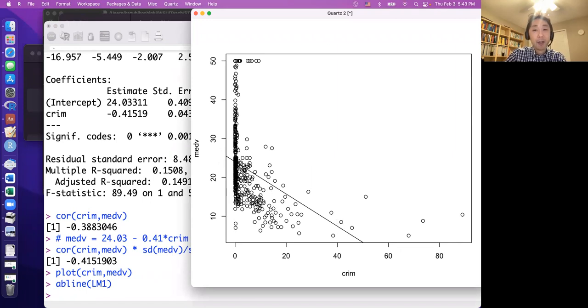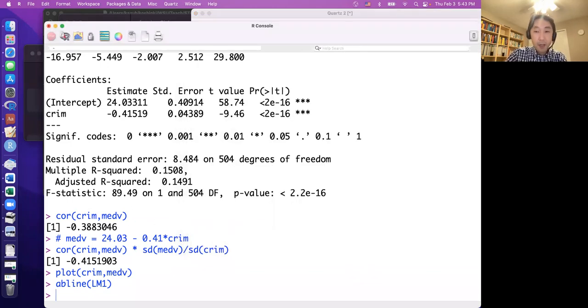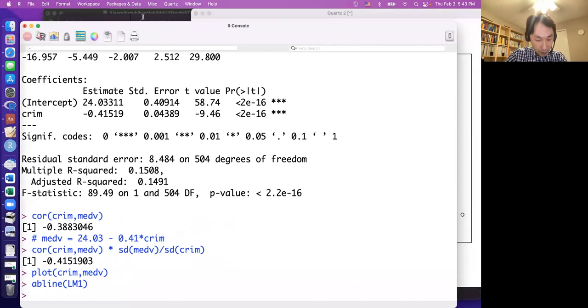But okay, so we want to see how reliable this line is. That is called the confidence interval. So if the data changes a bit, then this regression line will also change a bit. Then what's the area where the regression line can go through? That is the confidence interval, in short. So we want to develop this.